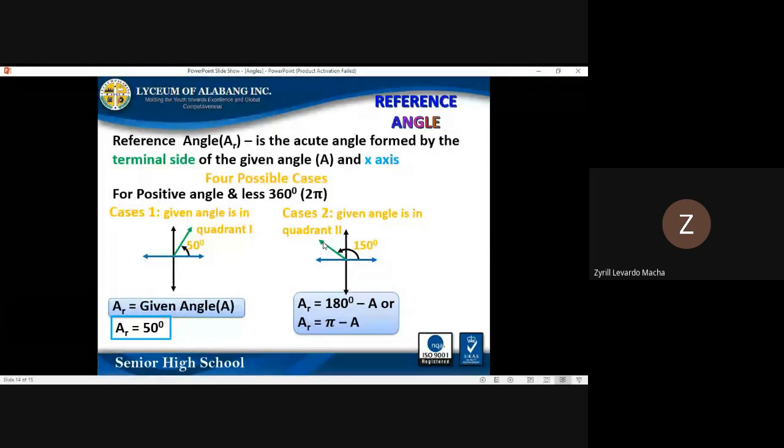So 180 degrees minus A, or if the given is in pi, then pi minus A. Since we have a 150 degrees given angle, 180 minus 150, our reference angle is 30 degrees. So again, that is for case number 2 if the given angle ay nasa quadrant 2.